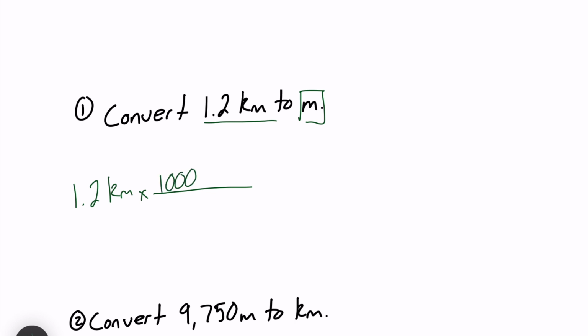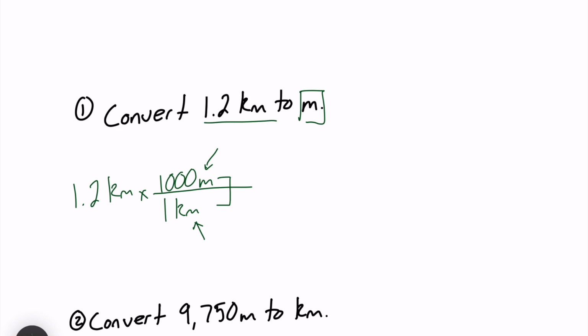So for every 1 kilometer, there are 1,000 meters. So always when you are doing this time sign line conversion, the top and bottom number should equal one another, just in different units. So 1 kilometer is always equal to 1,000 meters. That's our conversion factor. There's always 1,000 meters in 1 kilometer.